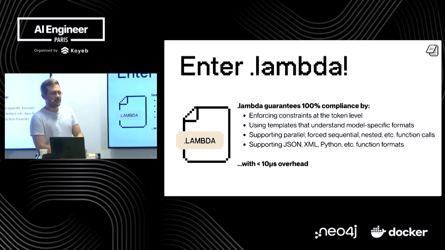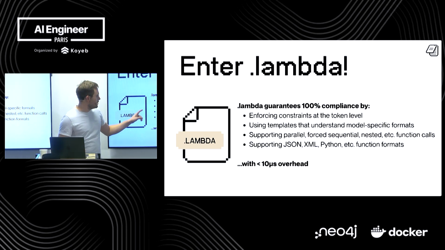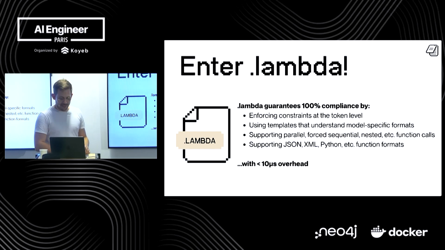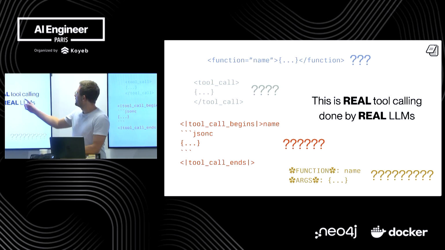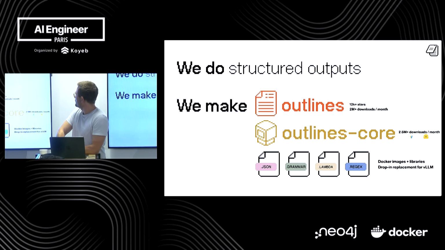We also have graph-based function calling, when you have a predefined graph that the model can walk on to generate several function calls. And we support JSON, XML, Python, and different function formats. Because what I didn't say about the insanity level here is that some of them will take JSON, some of them will take XML, and some of them will generate Python. So we can support all of those.